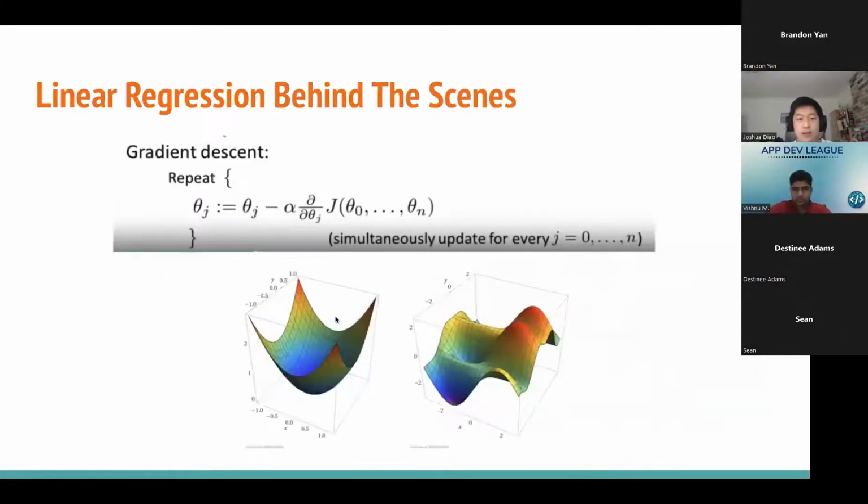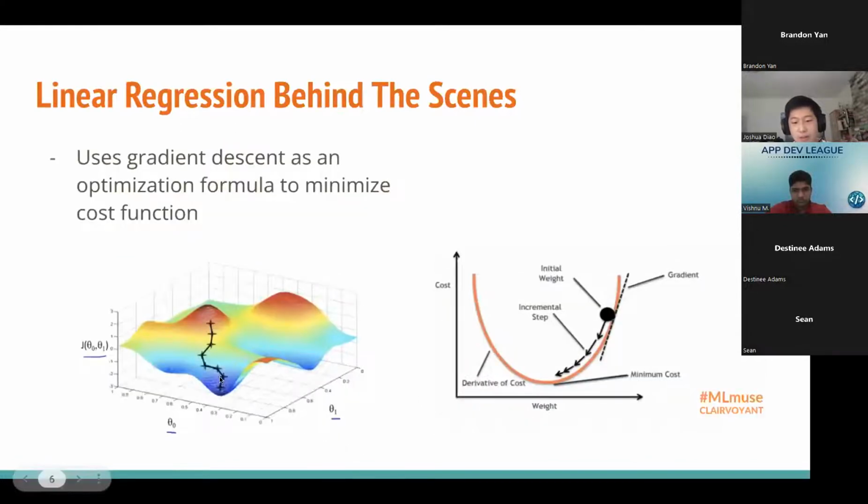All right, cool. This is the formula of how we're going to be using gradient descent. We'll be changing the coefficients of all the parameters simultaneously, which gives us this path all the way down to the minimum cost.